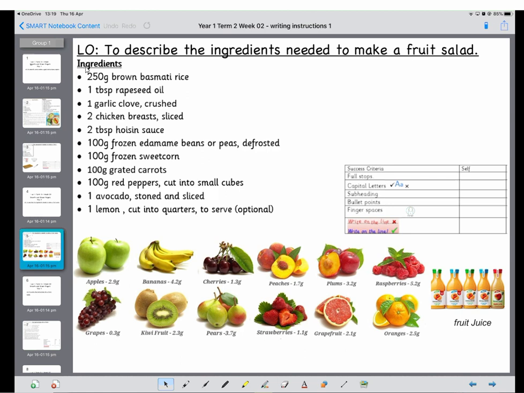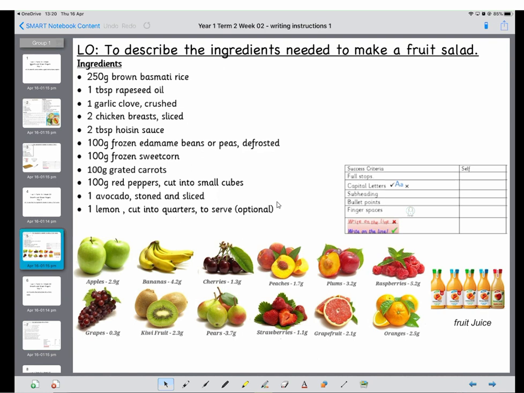So we've got the ingredients from yesterday's recipe. 250 grams of brown basmati rice, 1 tablespoon rapeseed oil, 1 garlic clove crushed, 2 chicken breasts sliced, 2 tablespoons of hoisin sauce, 100 grams of frozen edamame beans or peas defrosted, 100 grams of frozen sweet corn, 100 grams of grated carrots, 100 grams of red peppers cut into small cubes, 1 avocado stoned and sliced, 1 lemon cut into quarters to serve.